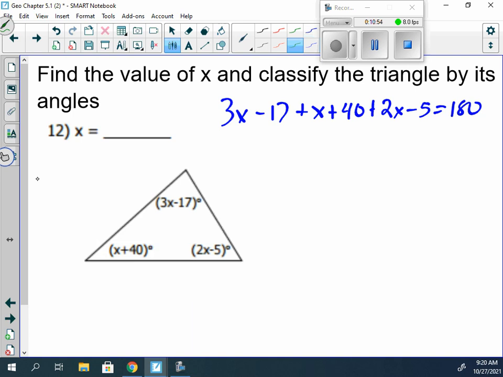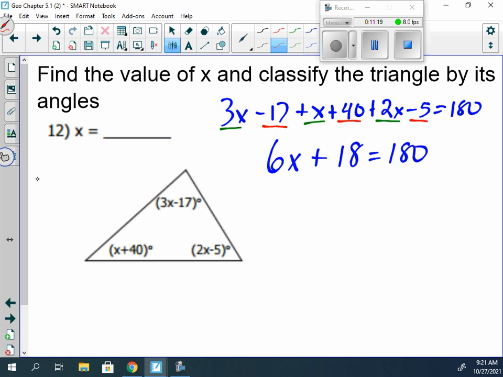Well, we can combine our like terms, 3x, x, and 2x, then we'd have our negative 17, 40, and negative 5. And we can add all those together. 6x plus 18 is equal to 180.